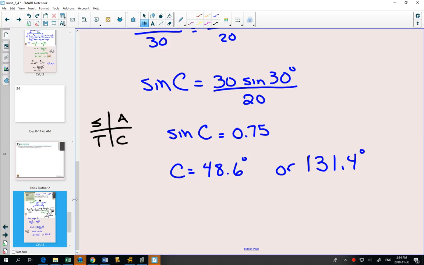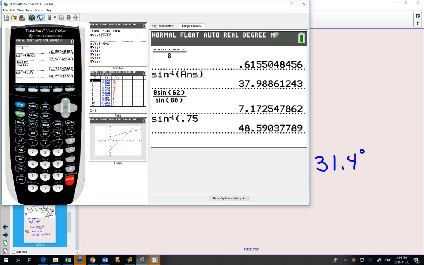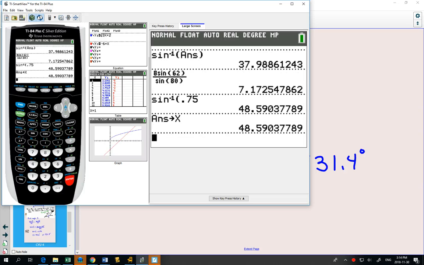Well, what's going to happen right now is I've got my answer 48.59. One of the things I can do, I can store it, the store button above the on button. I can store it as X so that it remembers all of the decimal places. It is a nice thing to have.